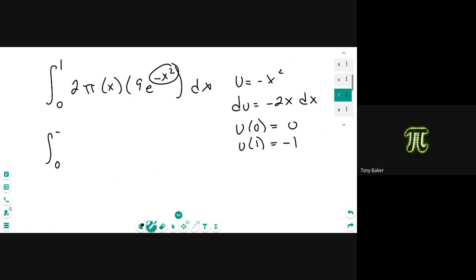So we have 0 to negative 1. We have the 2 and the x here. So I just have that negative sign, which I can pull out front with the pi. And we have a 9 that's coming out front too, so I can pull that 9 out. So it's e to the u.